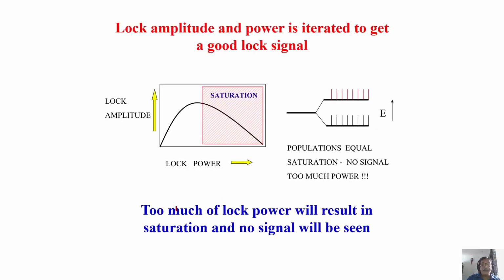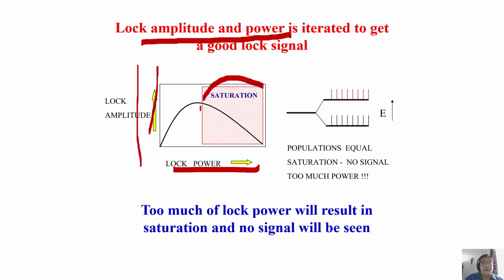All right. Now let us continue further. Remember, when you are locking the signal, lock amplitude and lock power are very important. These two parameters have to be iterated so that you get a good lock signal, and then after locking you have to ensure the signal does not get saturated. If you have higher lock amplitude or higher lock power, it may so happen that you are saturating.